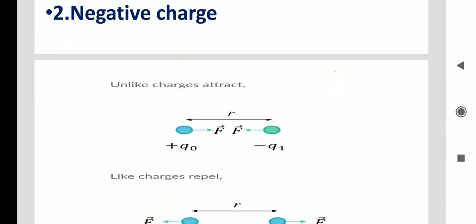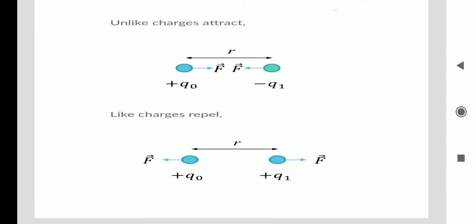We know that unlike charges attract. See here, positive charge and negative charge are going to attract each other. See the arrow marks of the two bodies of charge Q0 and Q1, plus Q0 and minus Q1; they are going to be attracting. In the other figure, like charges repel.